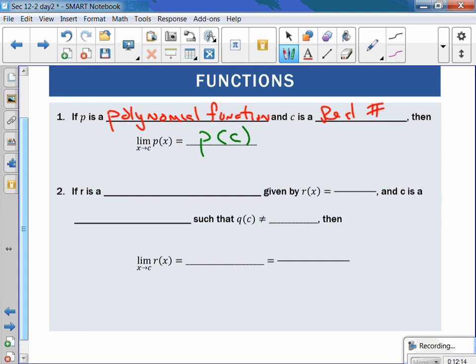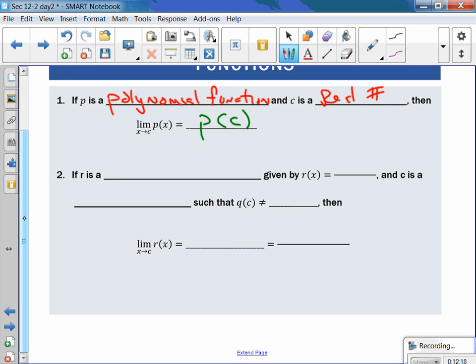If r is a rational function, what is a rational function? That's radical. I actually just used this about 2 minutes ago.